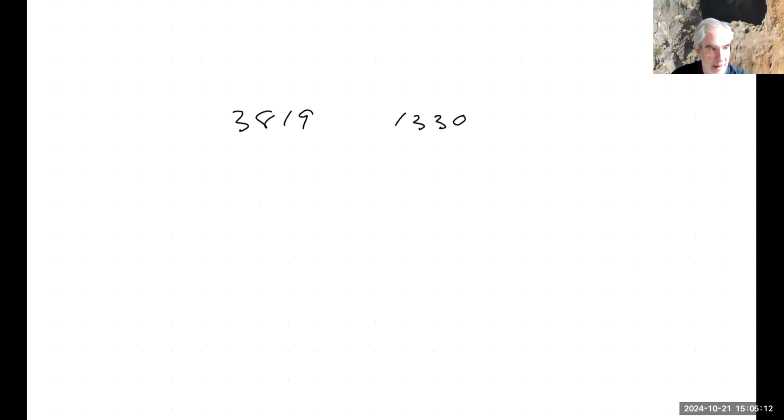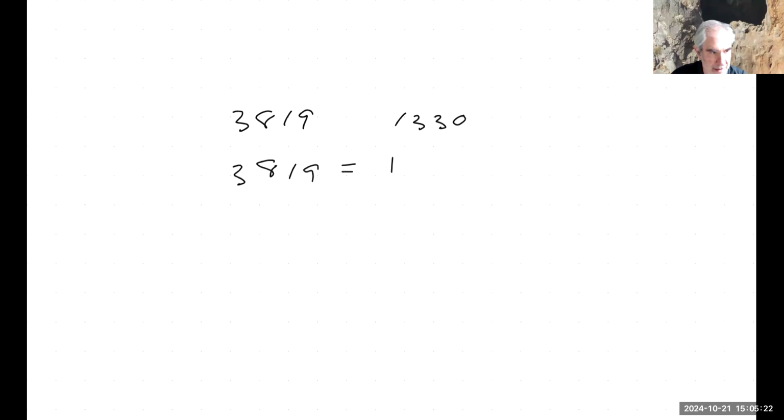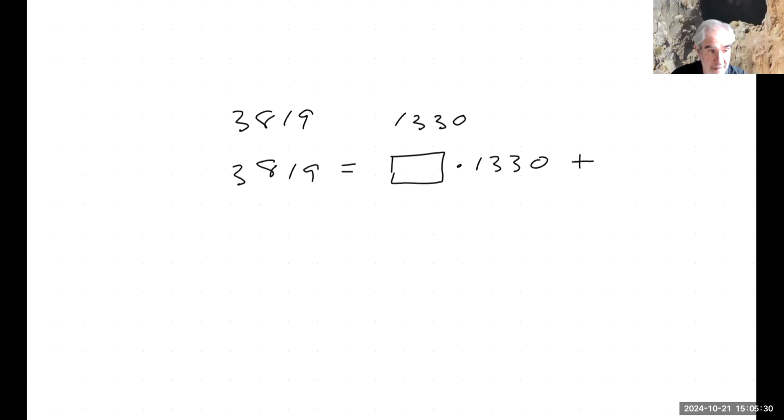So we express 3,819 as something, I'll put a big box here, times 1,330 plus whatever's left over, some remainder here. I'll put it in a box as well.